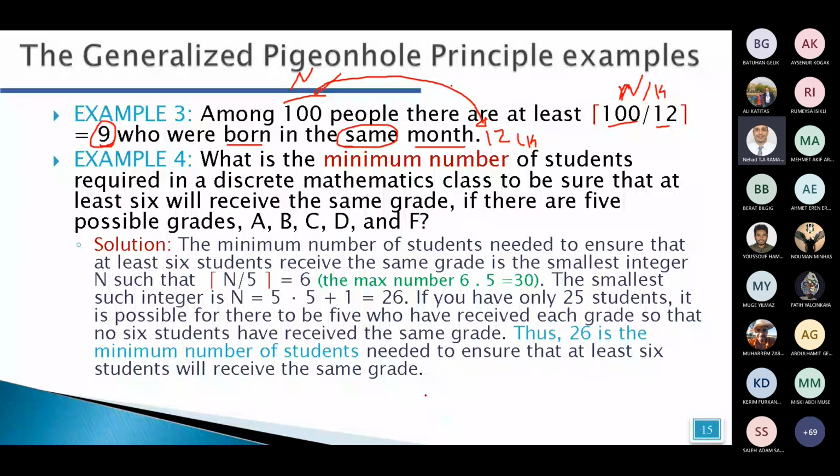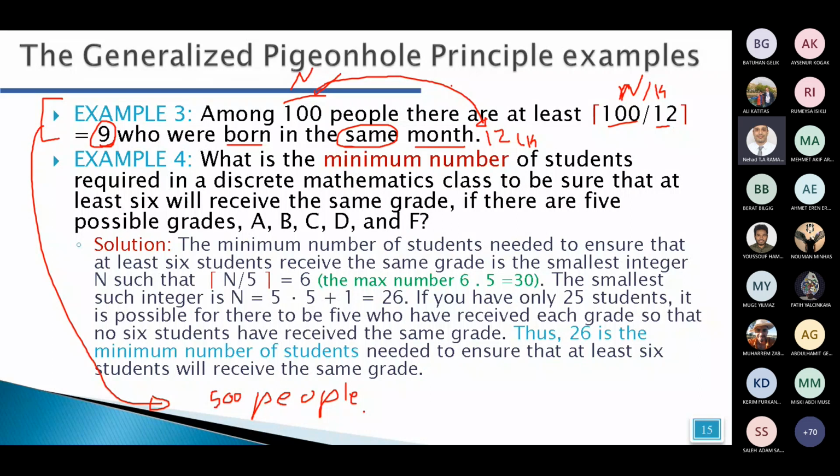From this example, we can ask another question. If we have 500 people, try to solve it.